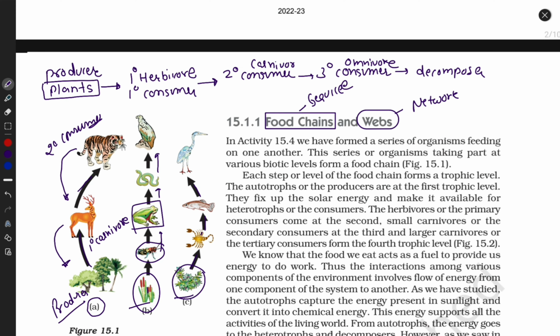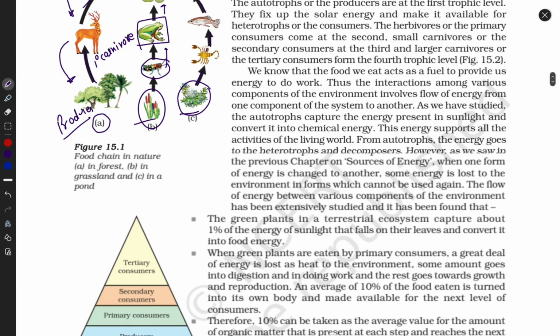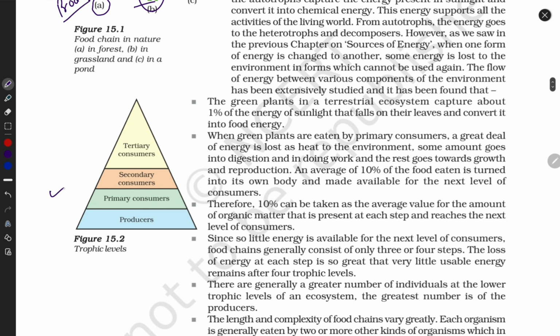We draw the sequence linearly as well as at pyramid level. This is the trophic level. Trophic level 1, 2, 3, 4. Alright, guys. Every time, if primary consumers eat the producer, they get 10% energy. Then when secondary consumers eat primary consumers, they get 10% energy of the primary consumers.